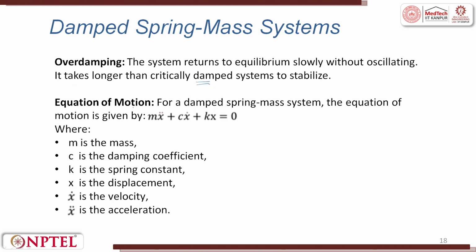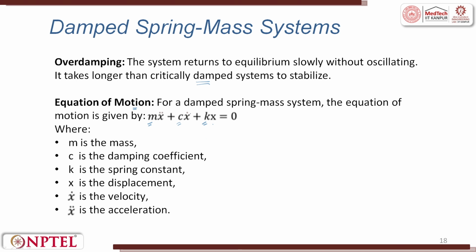Now, let us look into the equation of motion. For a damped spring mass system, the equation of motion is expressed as m x double dot plus c x dot plus kx equals the force, where m is the mass, c is the damping coefficient, k is the spring constant, x is displacement, x dot is velocity, and x double dot is acceleration.